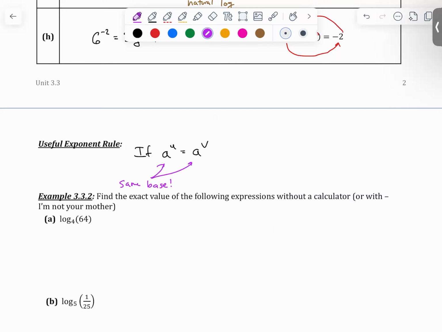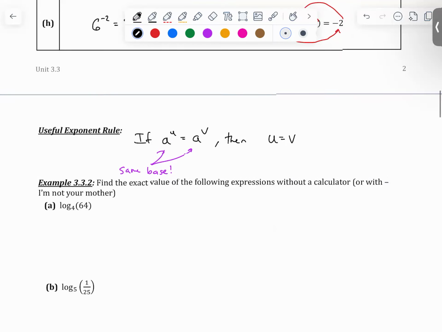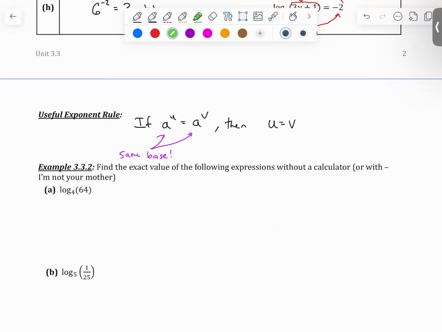If you have two exponentials, both being raised to different values, but they're the same base, then u must equal v. I know that seems kind of left field here for a second, but I'll show you when we do this one. So example 3.3.2. And if you'd like to see a proof of the reason why this is true, please feel free to talk to me. I'm happy to make a video or explain it in a way.